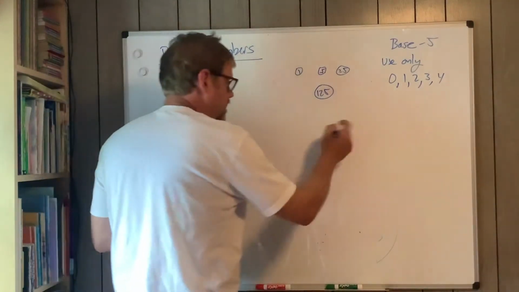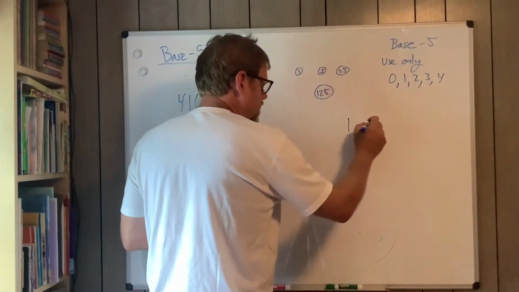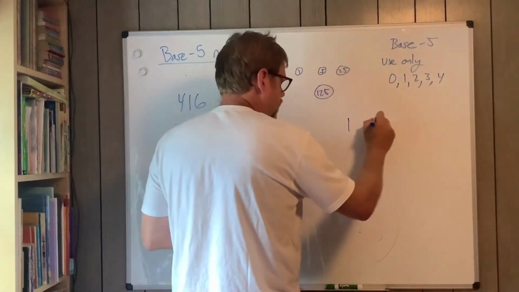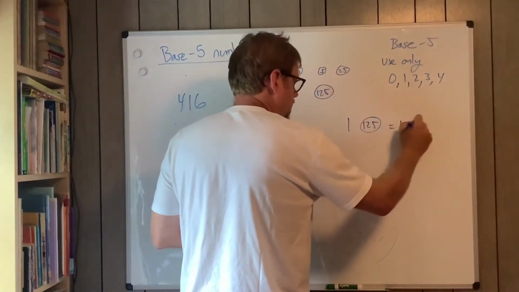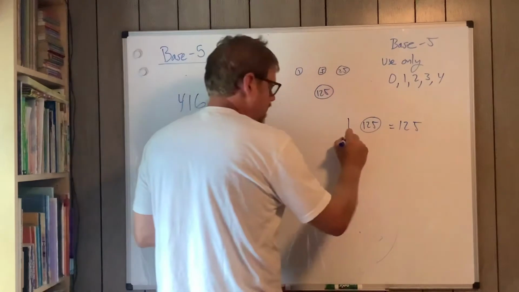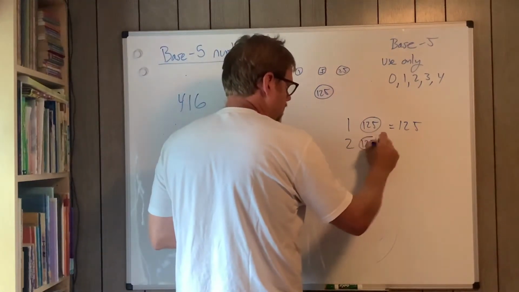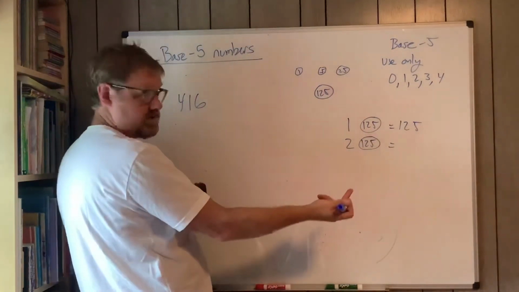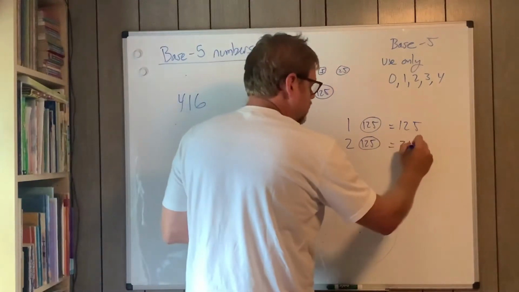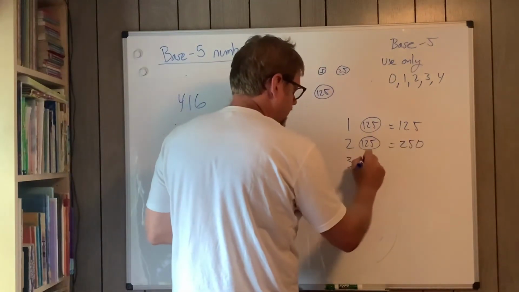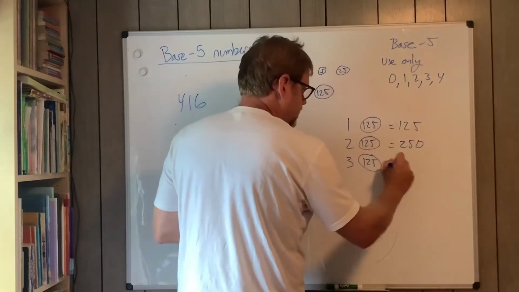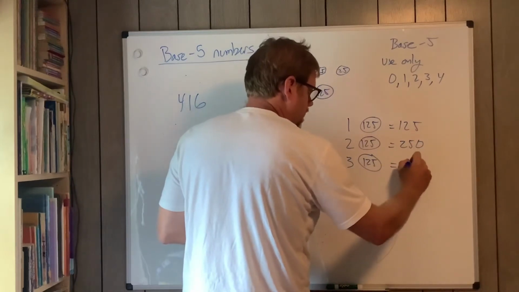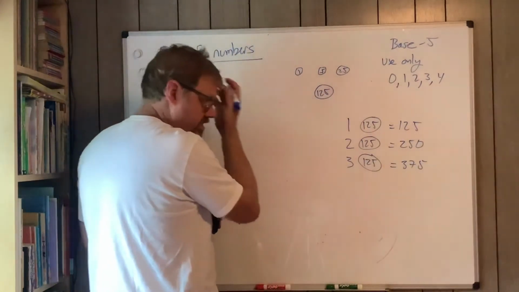1 fiftoon is 125. 2 fiftoons is another 125, so 250. 3 fiftoons is another 375, right?